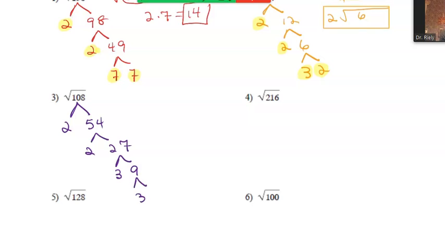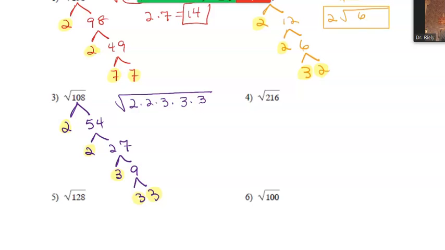And then 9 is 3 times 3. Okay, so I'm going to highlight the ends. Those are my prime factors. Underneath my radical, I'm going to put 2 times 2 times 3 times 3 times 3.